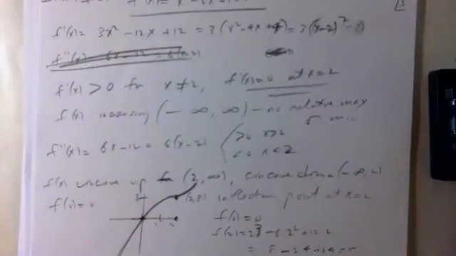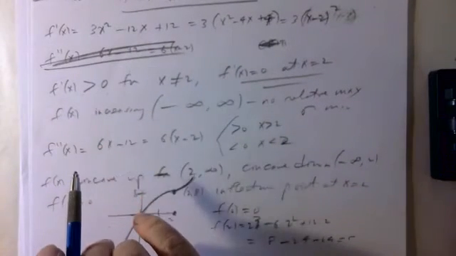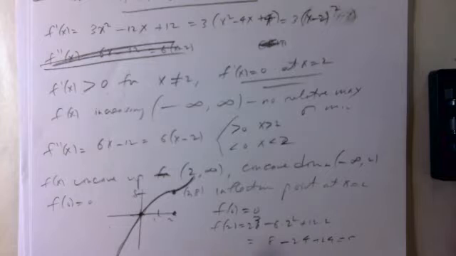How do you find the inflection point? The inflection point occurs where the concavity changes from up to down or down to up.